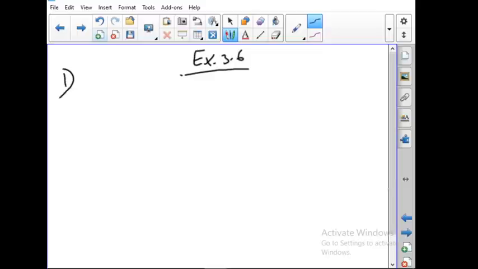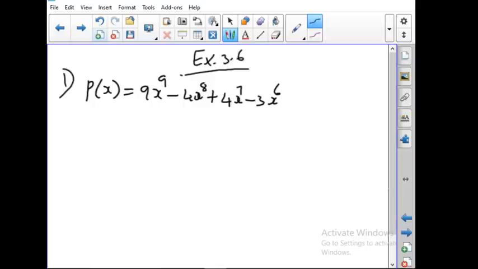We will do the first question. Discuss the maximum possible number of positive and negative roots of the polynomial. So we'll take the polynomial as p of x. So p of x is equal to 9x power 9 minus 4x power 8 plus 4x power 7 minus 3x power 6 plus 2x power 5, then plus x cube plus 7x square plus 7x plus 2.